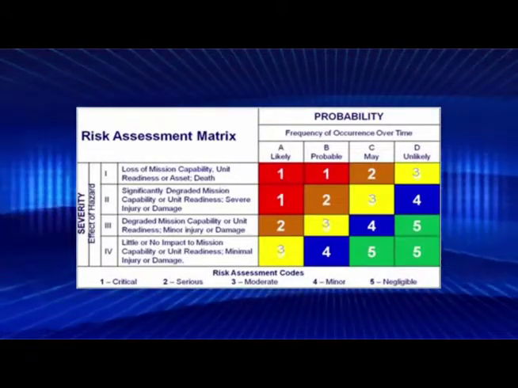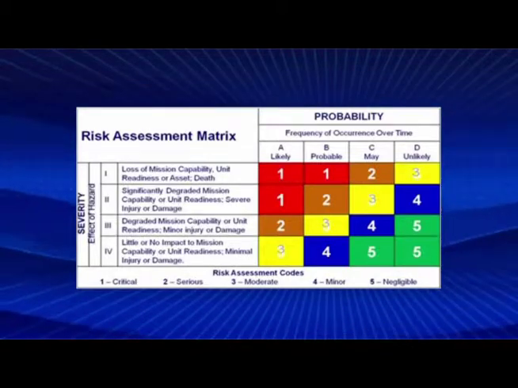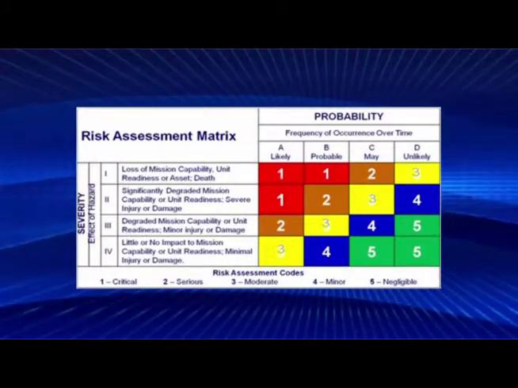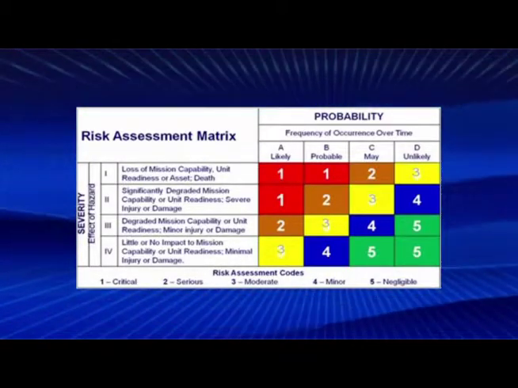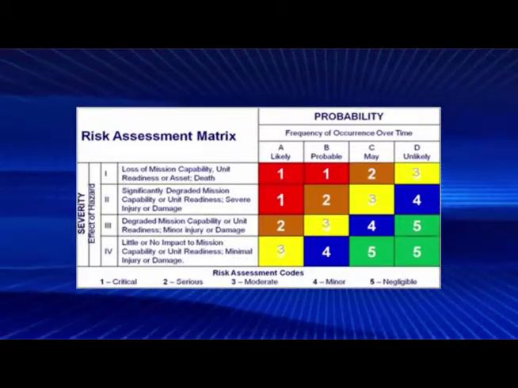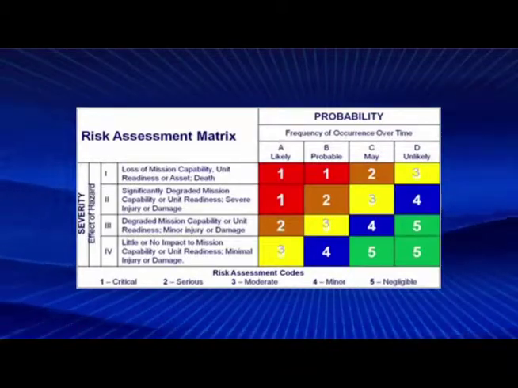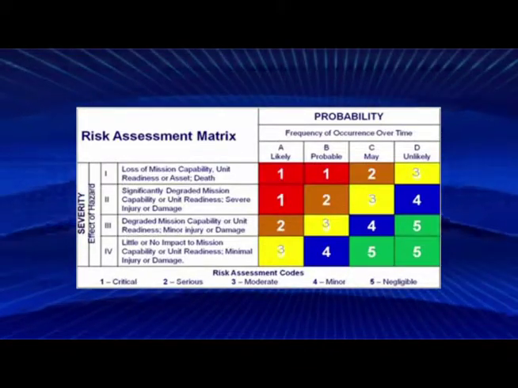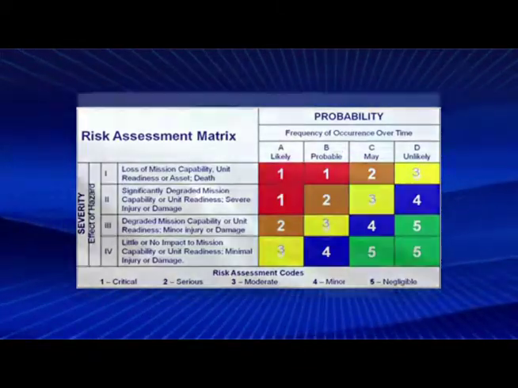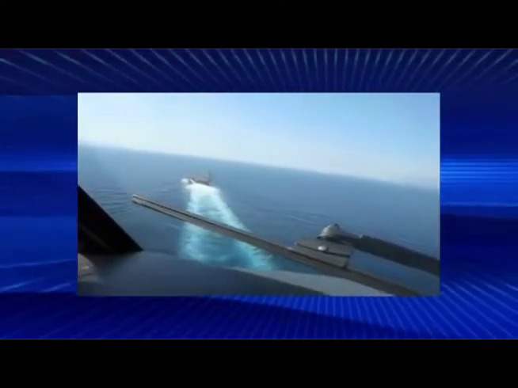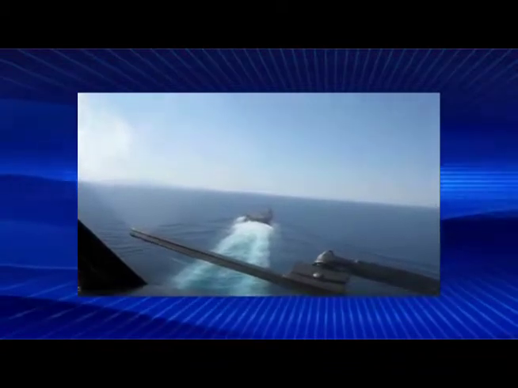On our risk assessment matrix, when we got that overall RAC code of 5 at the end, we do this for every single hazard that we identified. We go through our initial RACs, we put the controls in, we re-evaluate those RACs, and then we come up with an overall risk assessment code for that mission.